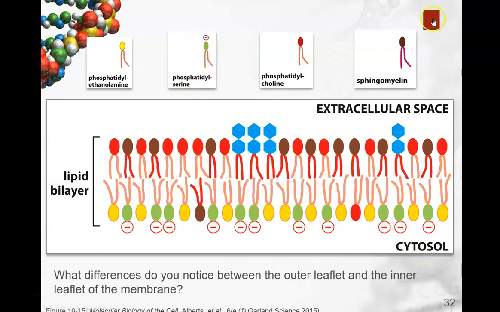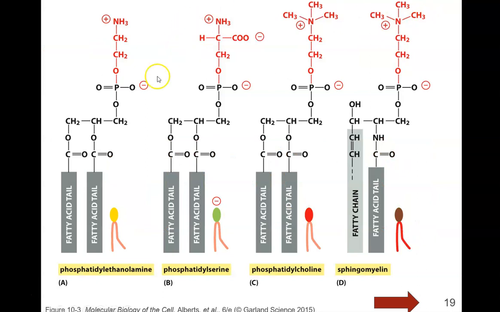So if we go back to the structures I showed you here, the phosphatidylethanolamine has a positive and a negative charge that cancel to give a phospholipid that's overall neutral. But here for the serine, we have a positive and two negatives. Again, phosphatidylcholine is overall neutral, and so is sphingomyelin.